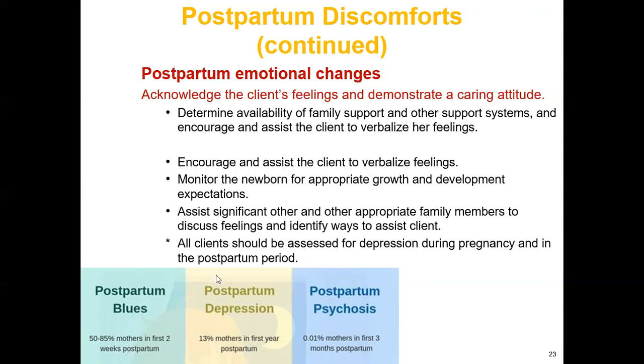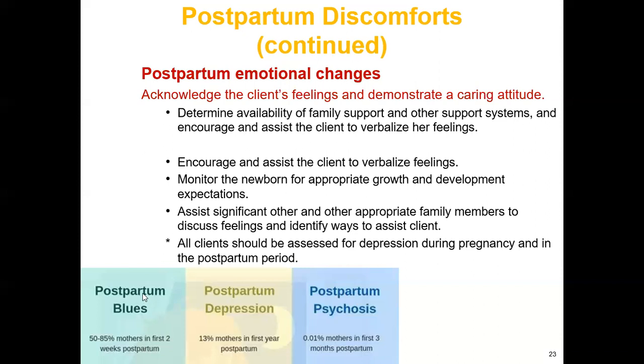We categorize three types of postpartum emotional disturbance or depression: postpartum blues, postpartum depression, and postpartum psychosis. Around 50 to 85% of mothers in the first 2 weeks are depressed.